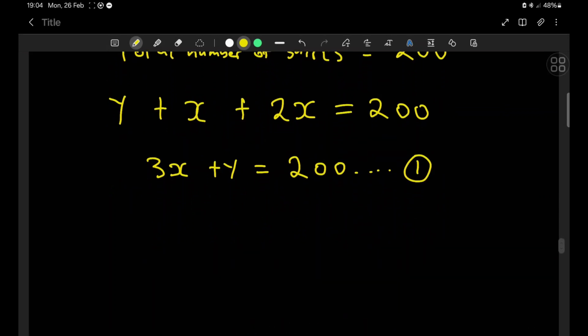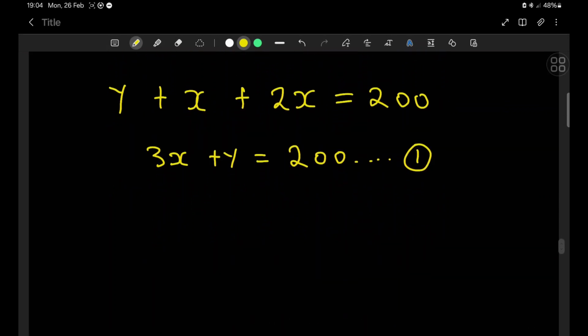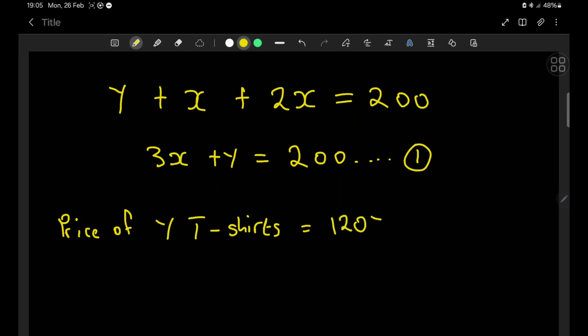Then if we go with the prices now, remember we've given the number of t-shirts as y and polo shirts as x. So we can say the price of y t-shirts is equal to 120y. That's the amount for the t-shirts. And we do the same for x polo shirts.